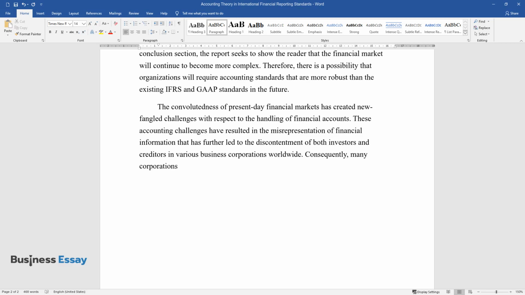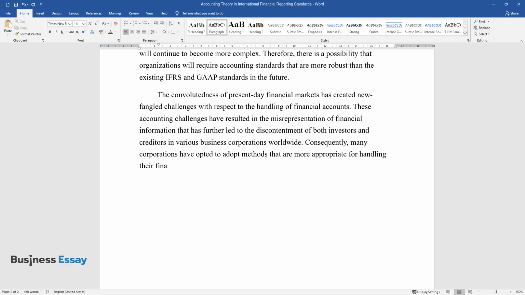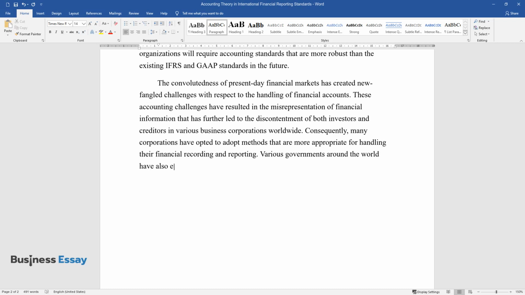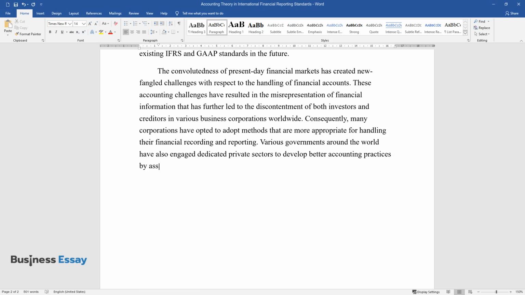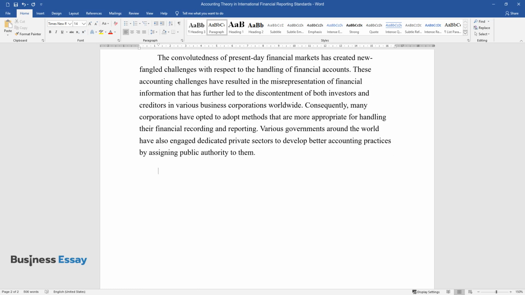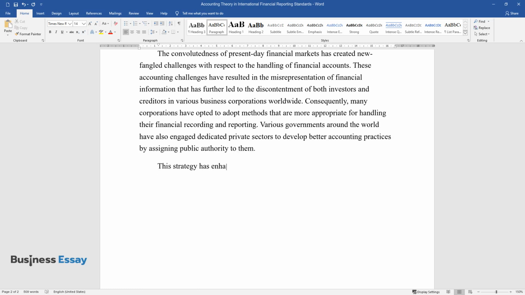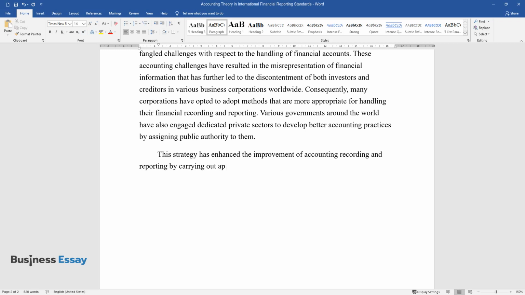Consequently, many corporations have opted to adopt methods that are more appropriate for handling their financial recording and reporting. Various governments around the world have also engaged dedicated private sectors to develop better accounting practices by assigning public authority to them. This strategy has enhanced the improvement of accounting recording and reporting by carrying out appraisals of the existing frameworks of financial accounting.